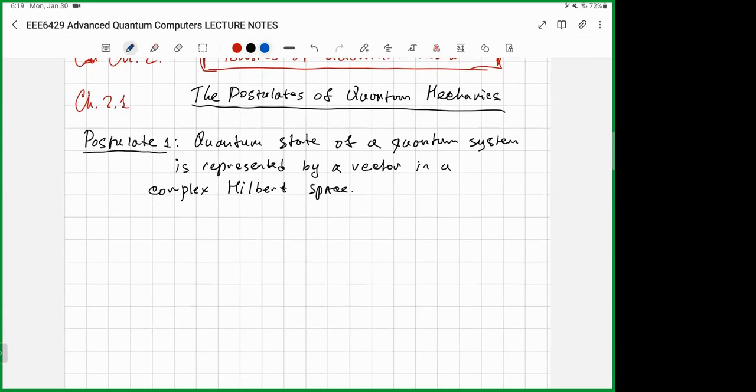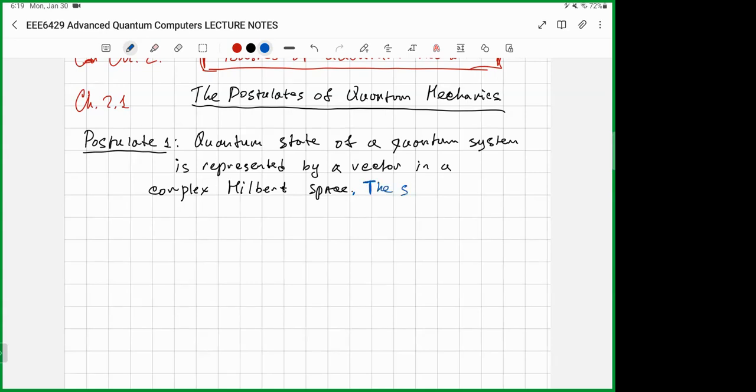And since this is a linear vector space, at this point we also can say that the superposition principle holds, right? Because it basically holds for any linear vector space. So let's also write this down here.